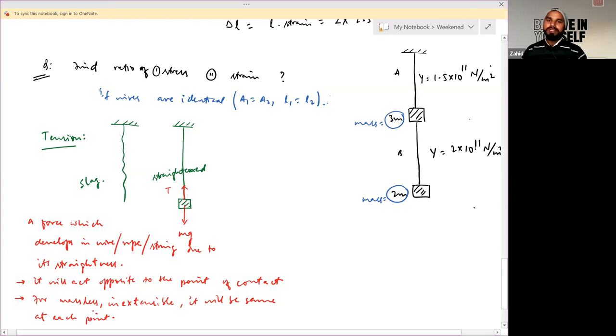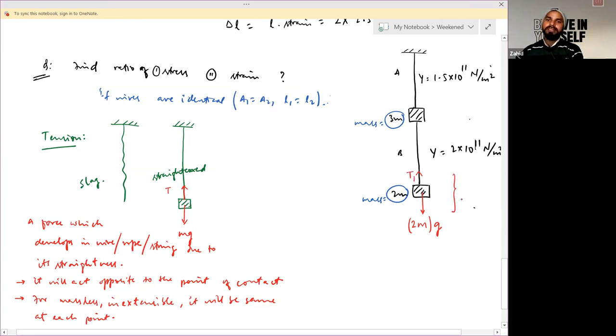Now, according to this concept, if you define the force on this block, there will be a force in the downward direction due to 2m mass. So it will be 2m times gravity. To balance this, there will be tension along this direction, let's say T1.